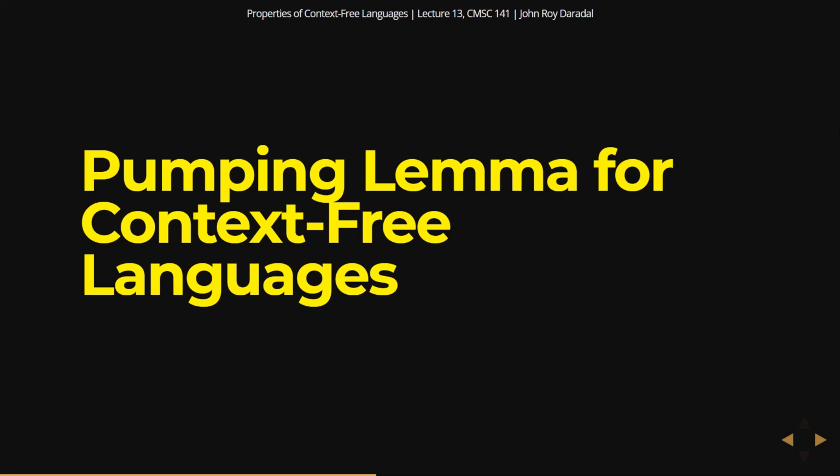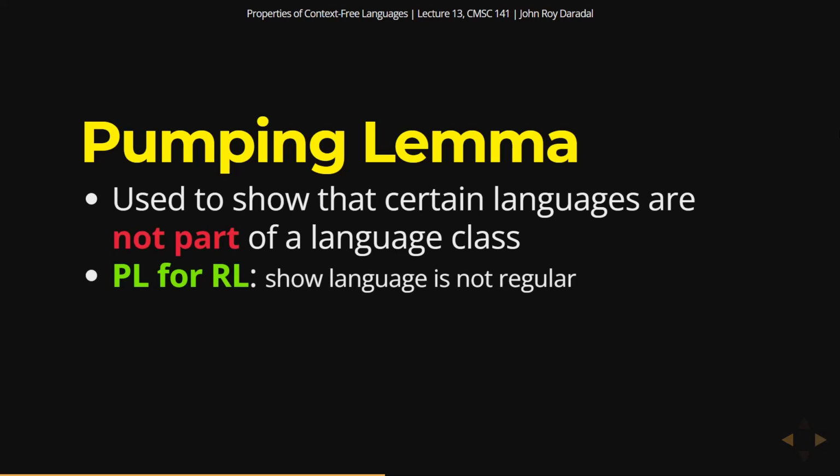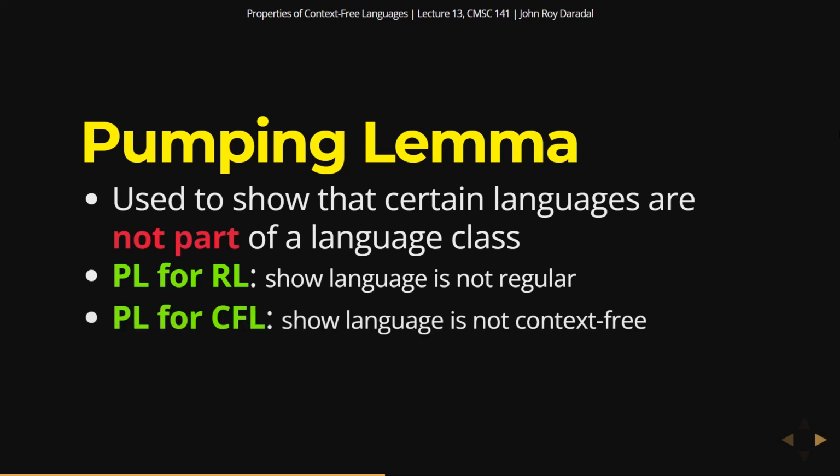Okay? So let's see. So again, the pumping lemma is used to show that certain languages are not part of a language class. Okay? So for the pumping lemma for regular languages, we used it to show that some languages are not regular. So for the pumping lemma for context-free languages, we will use it to show some languages are not context-free.